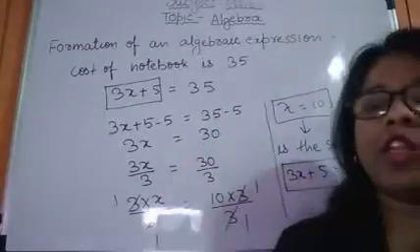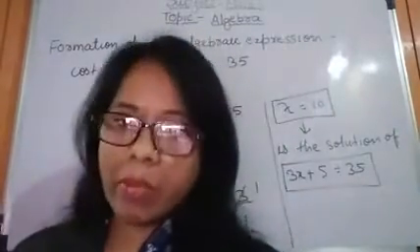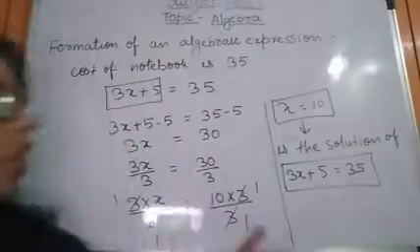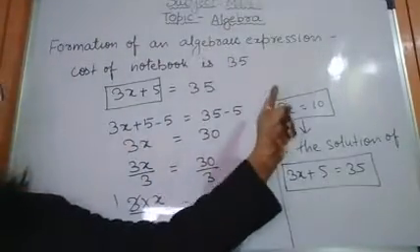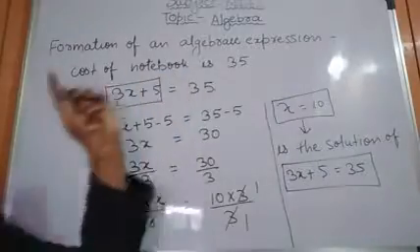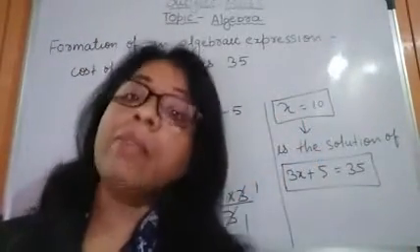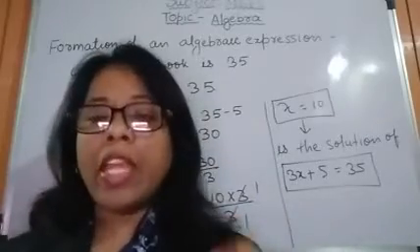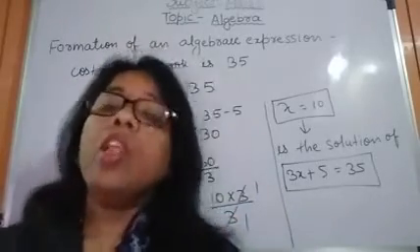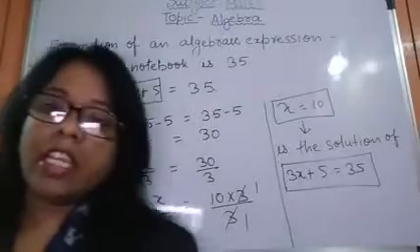No other value of x is possible here. Means the cost of the pen is rupees 10 only in this case. If the cost of the notebook is rupees 35, then the cost of the pen is rupees 10 only. No change is there.